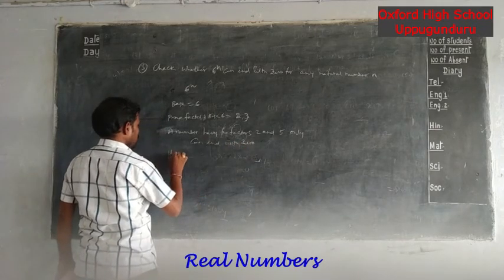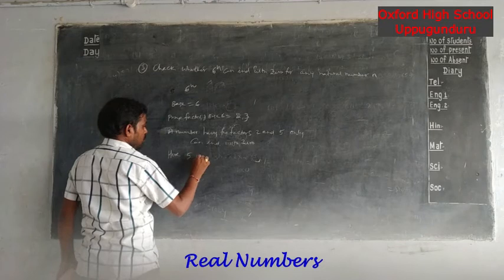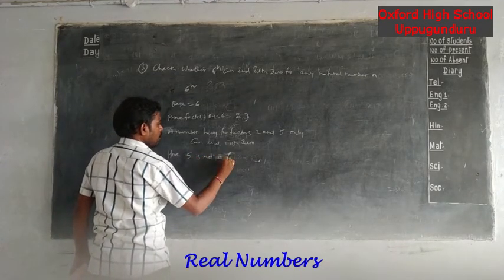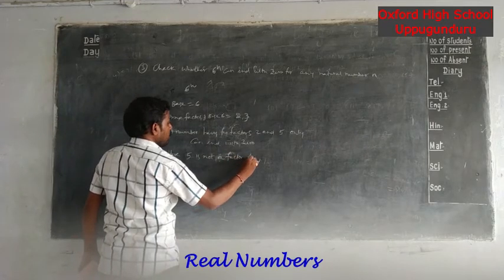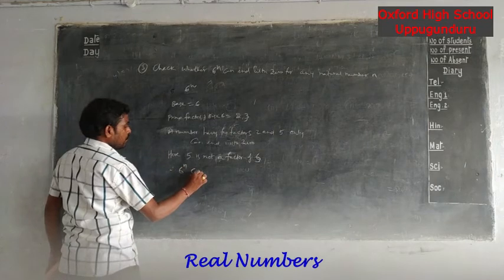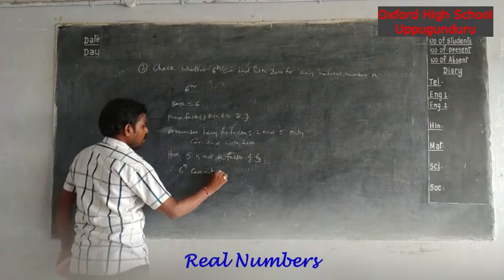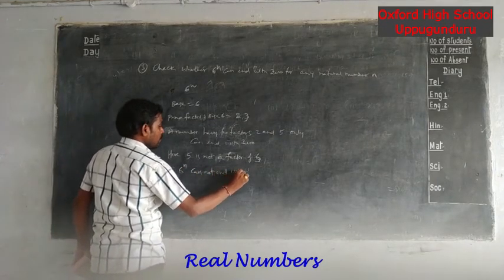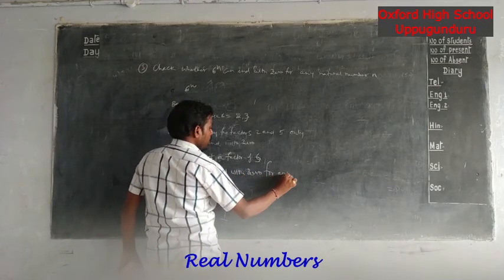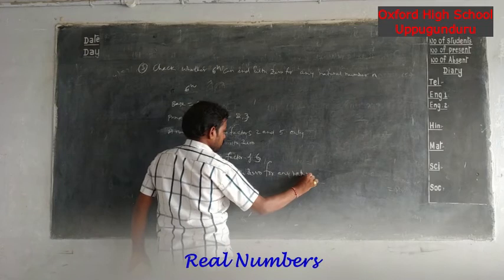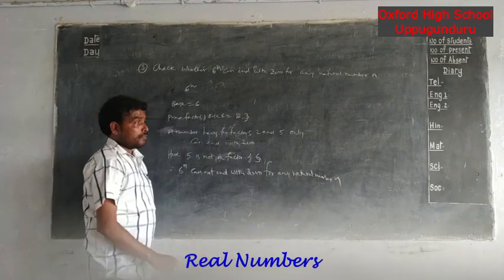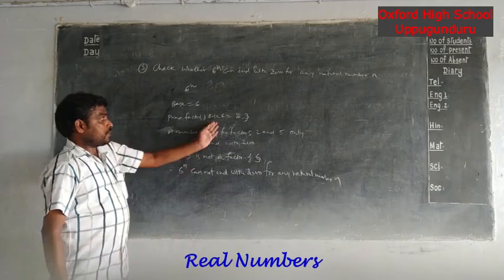Here 5 is not a factor of 6. Therefore 6 power n cannot end with 0 for any natural number n.